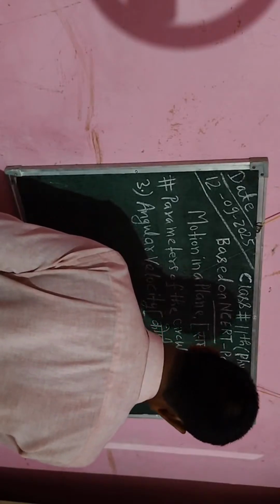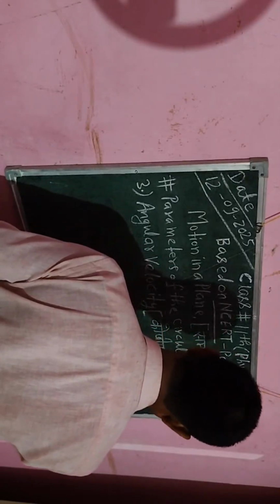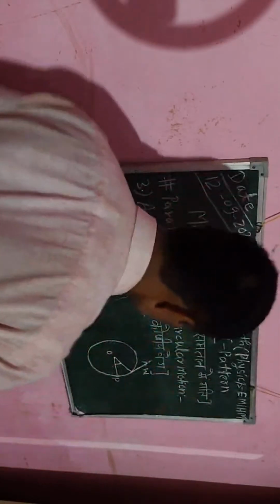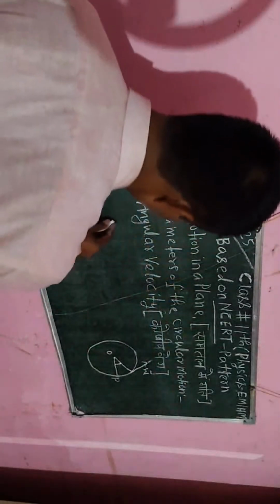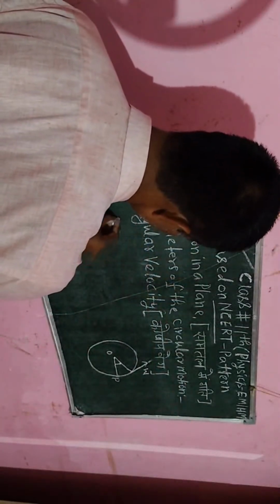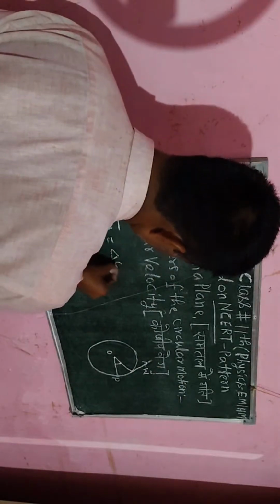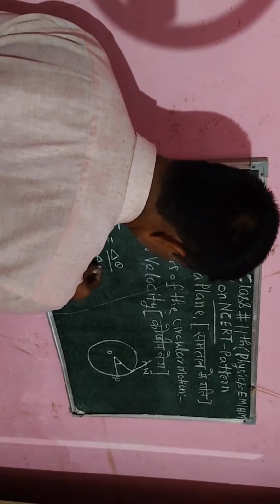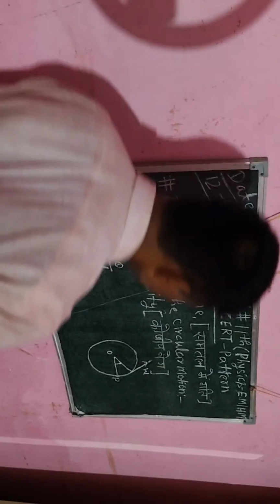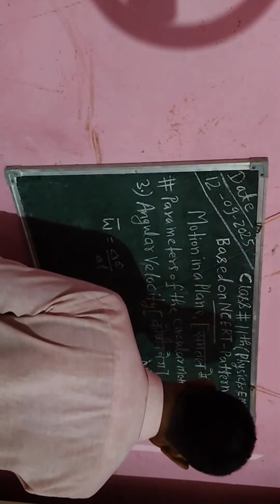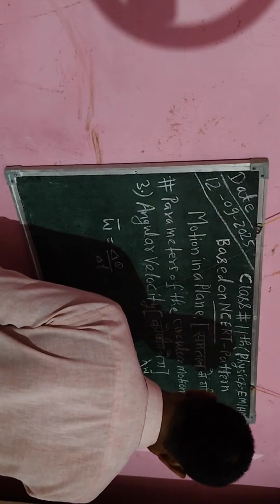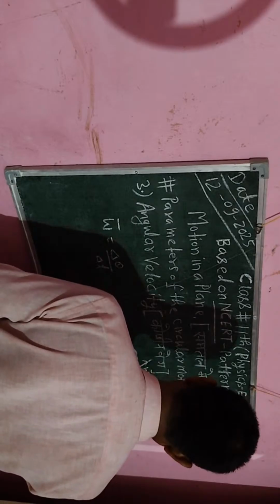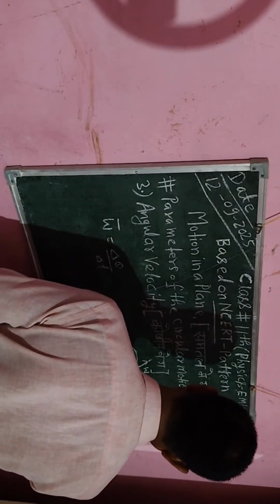If any particle is moving with angular velocity omega, then omega can be obtained as delta theta divided by delta t, because if the particle is moving, t is equal to 0 seconds, but after time t it becomes t seconds.